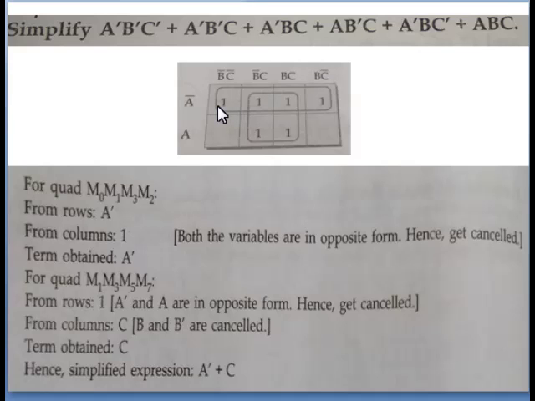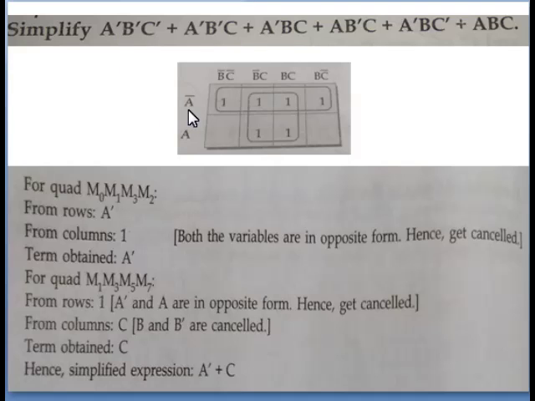In a sum of product expression we have to give importance to 1. The first term of the expression is A'B'C'. After naming the cells, first we go to A'B'C'. If a line is put like this, it means complement, the same as this dash.